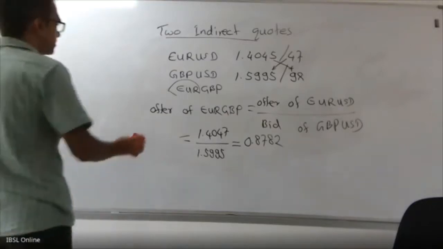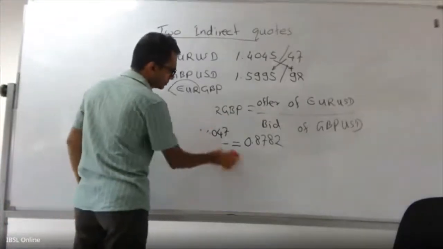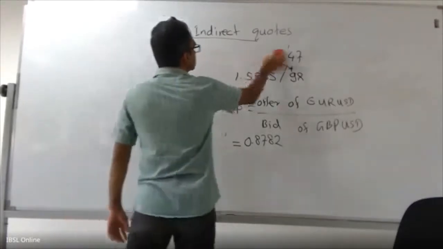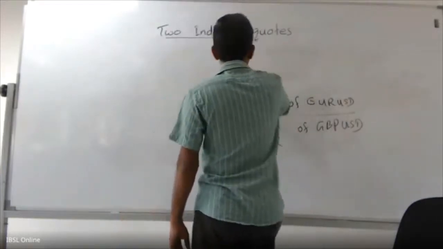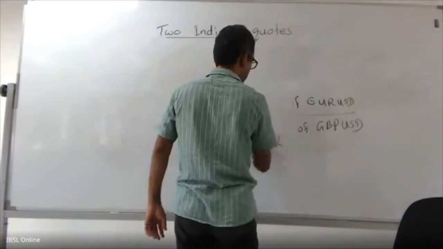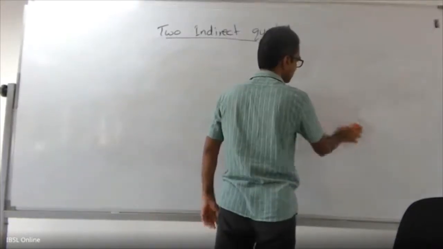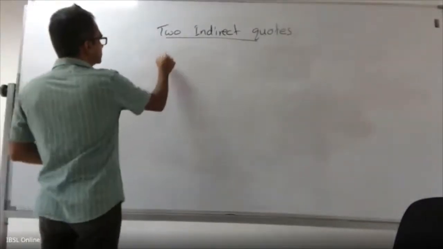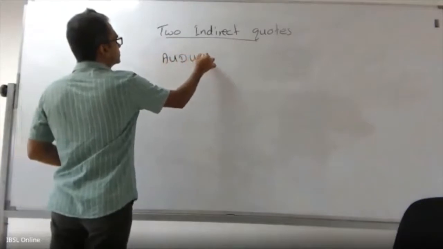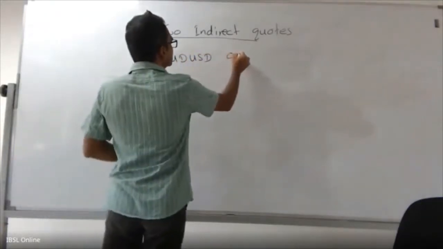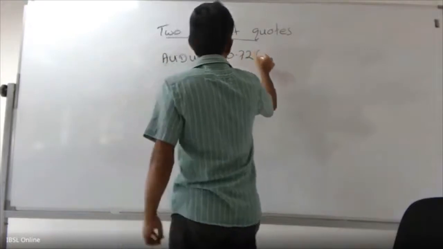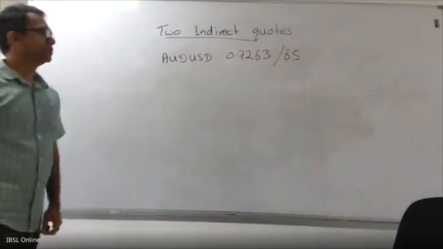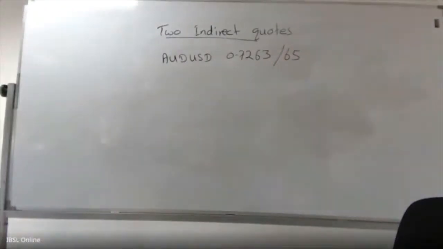So let's do another example. AUD USD 0.726365.